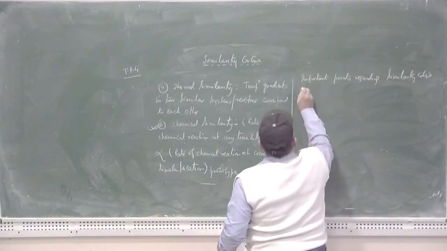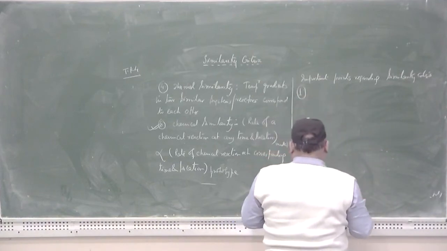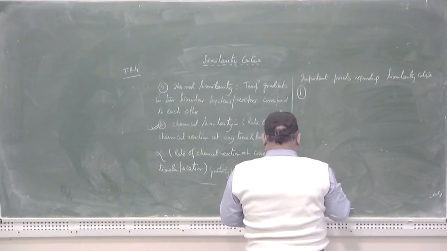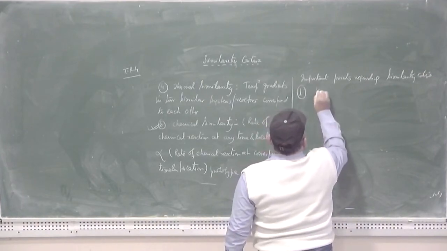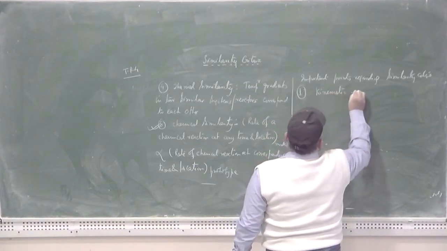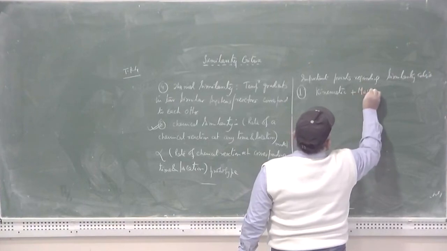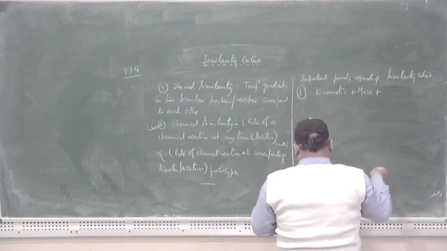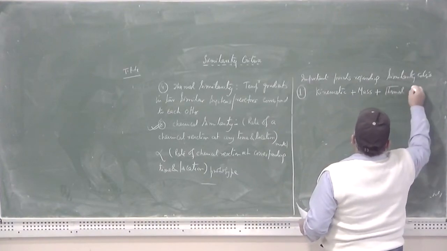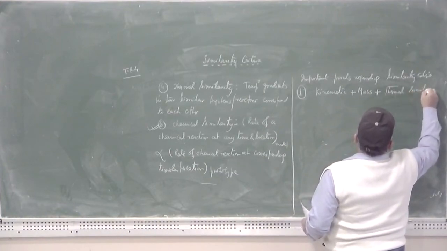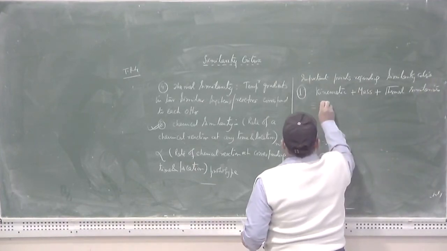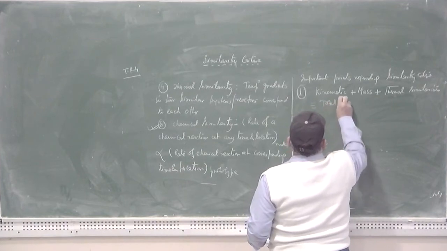Number 1: kinematic plus mass plus thermal similarities is equivalent to total similarity.